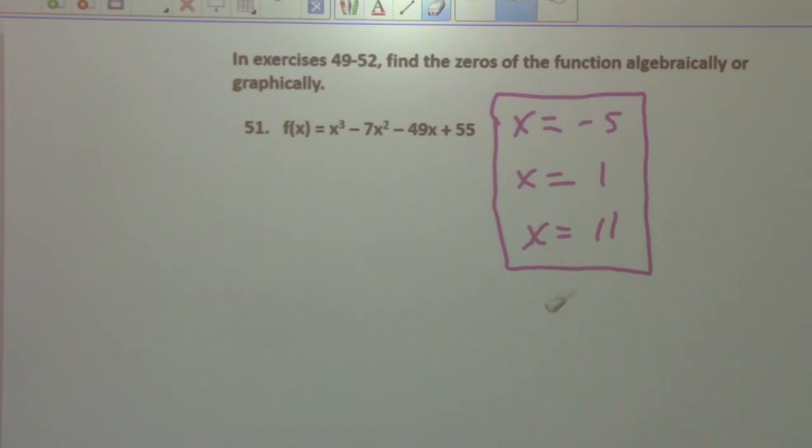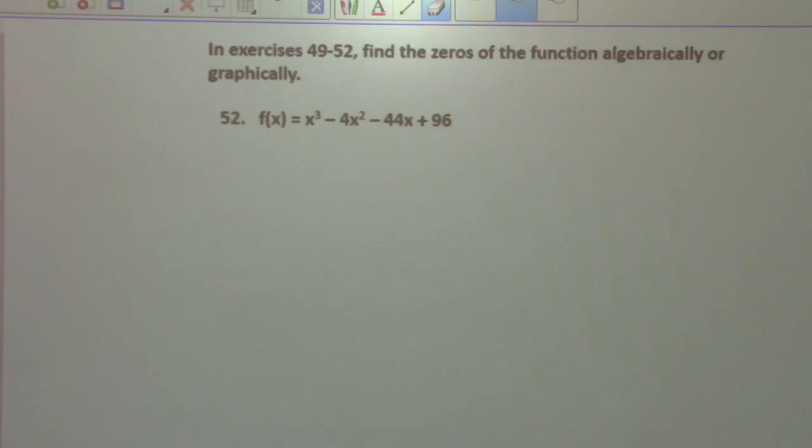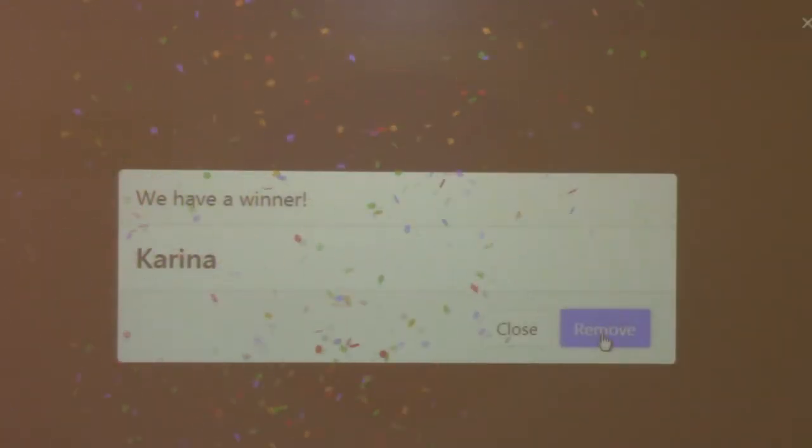And our very last problem in this set here, 51, 52. We don't have a lot of candidates left. It's going to be Karina. Karina got chosen again.